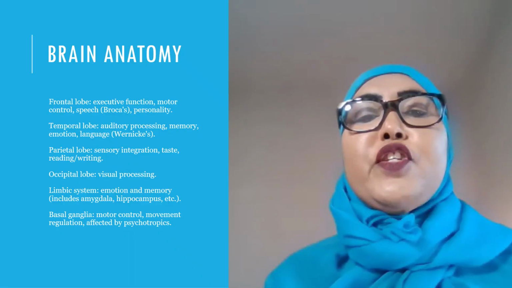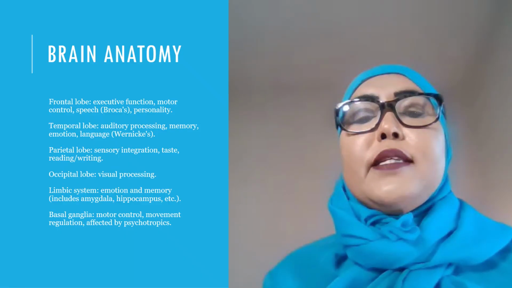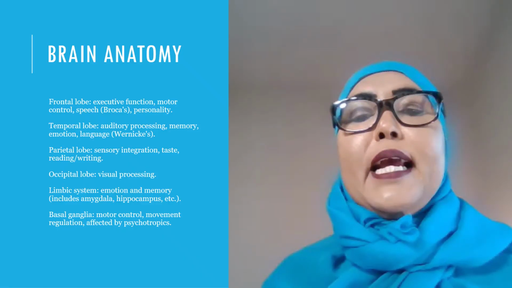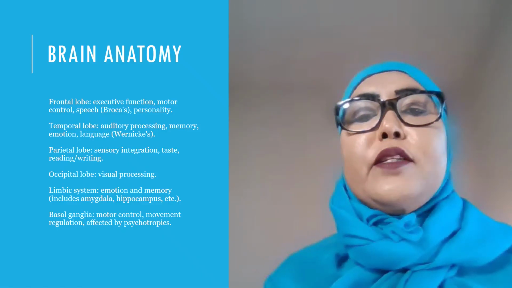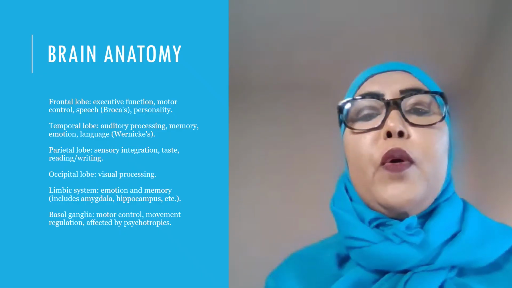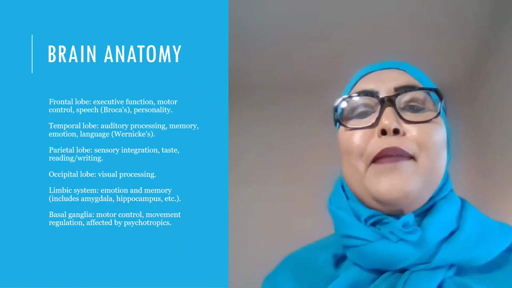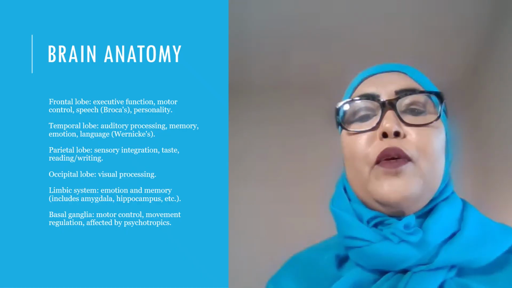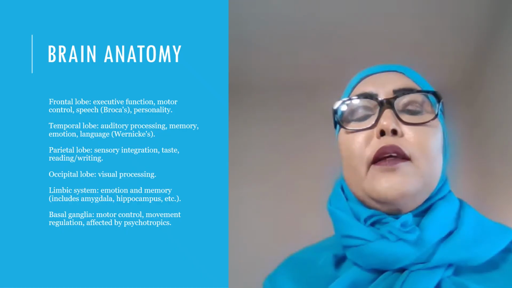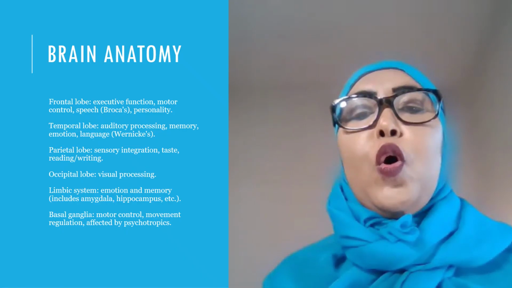It controls personality. Sometimes you will see patients whose personality changes. The family and friends of the patient will tell you, this person was not like this before. That means damage happened to that area, whether from trauma or stroke.